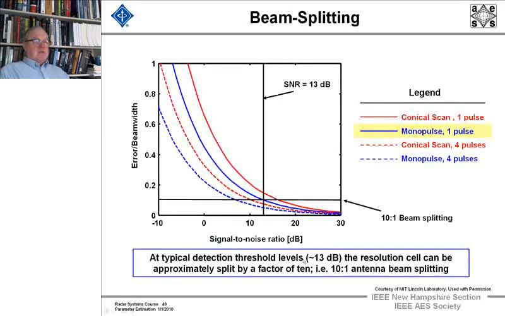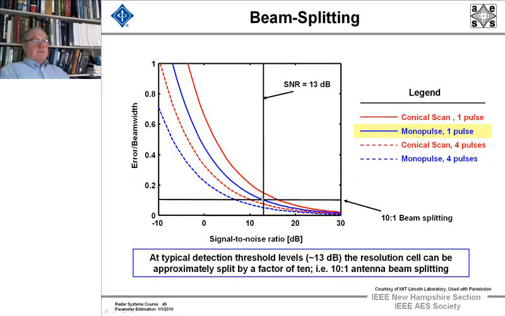A typical detection threshold is about 13 dB, and the resolution cell can be approximately split by a factor of 10 to 1. And you remember the 0.7 times the size of the beam divided by the square root of the signal to noise ratio. Okay? And here's that 13 dB, and here is a tenth of a beam width. It's the error divided by the beam width.